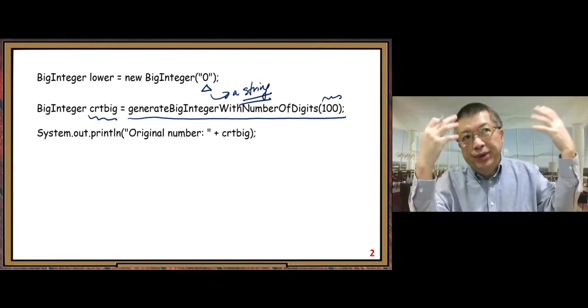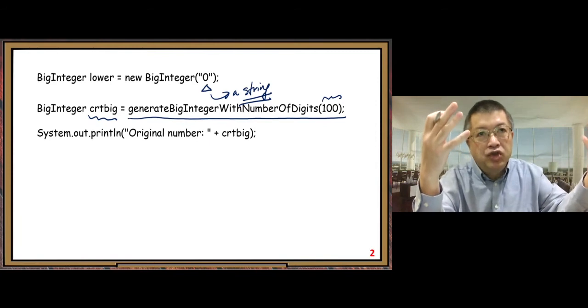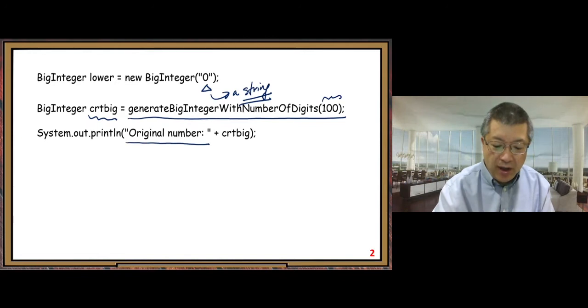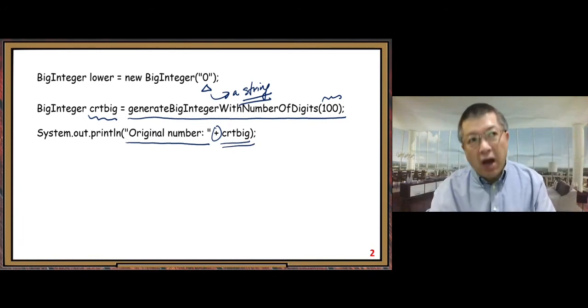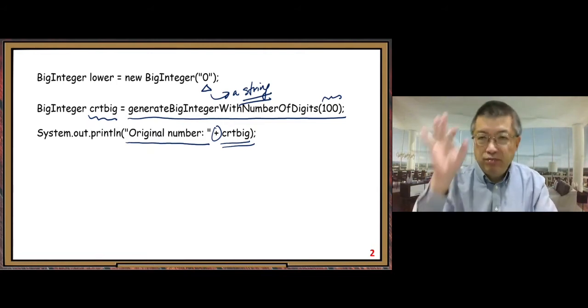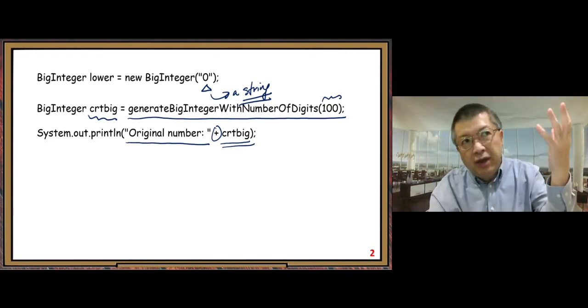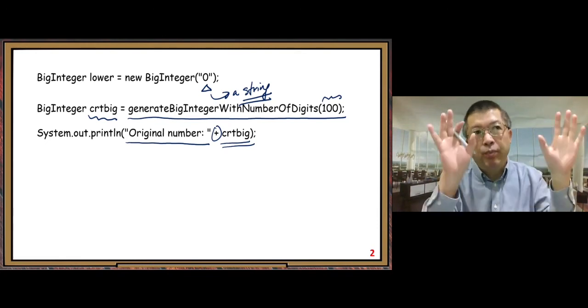When we want to print that particular number on the screen, in string plus concatenation, you just put that BigInteger object there directly. Java will do the conversion for you. You just print it as a string.